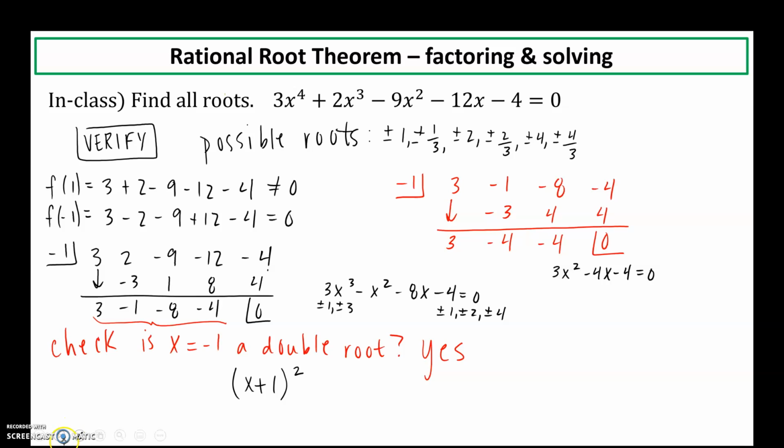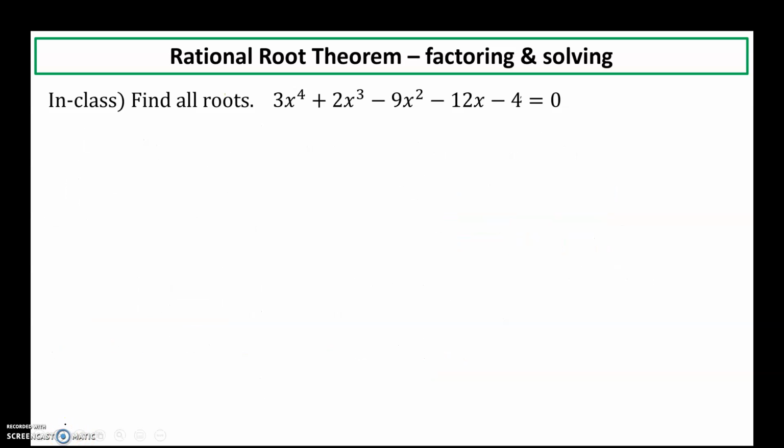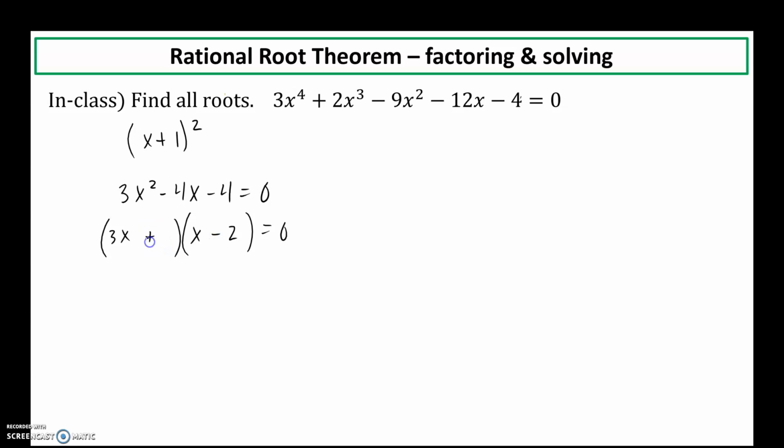So I'm going to go to the next slide here. Okay, so I already know x plus 1 quantity squared is part of the factored form. Verifying a double root gave us 3x squared minus 4x minus 4. So let's attempt to factor this. So 3x and x. All right, negative 6 plus 2 gives us negative 4. 2 times negative 2 is negative 4.